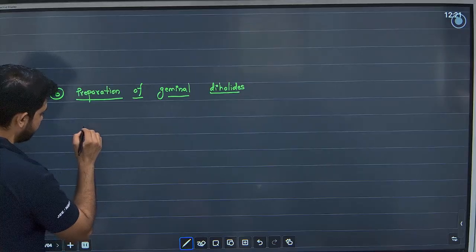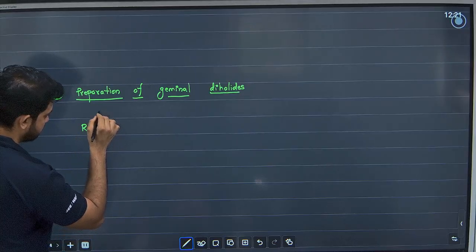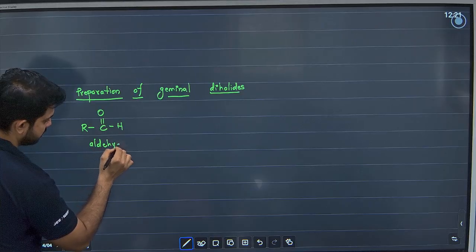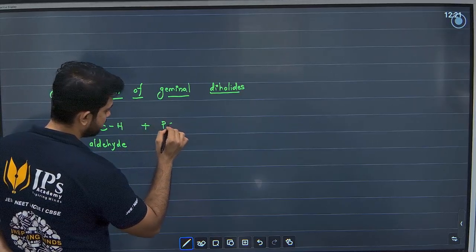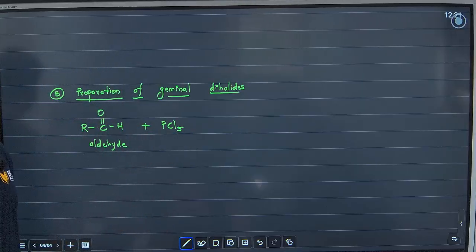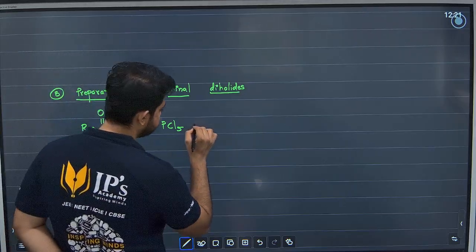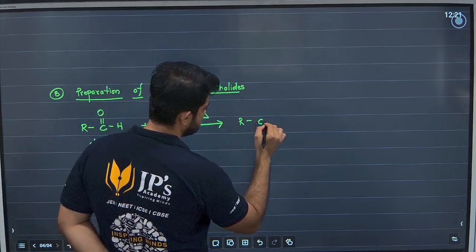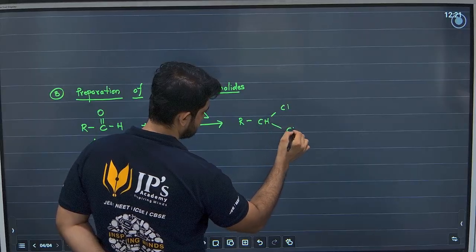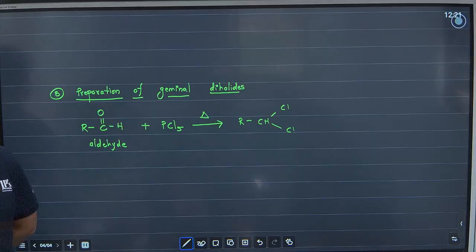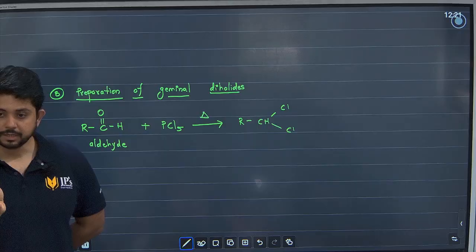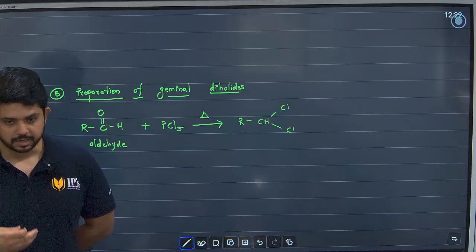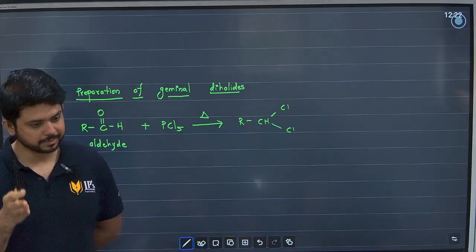So let's say if I take an aldehyde, react the aldehyde with PCl5. When you react the aldehyde with PCl5, हमको मिलता है RCHCl2. Aldehydes will give you terminal geminal dihalides. What do you mean by terminal? The halogen will be present on terminal carbon.